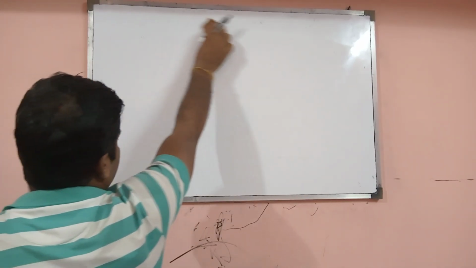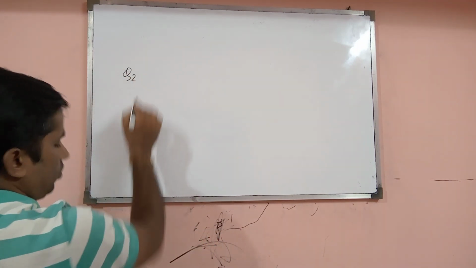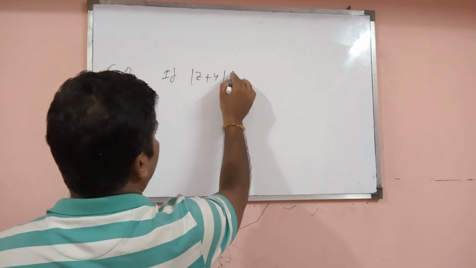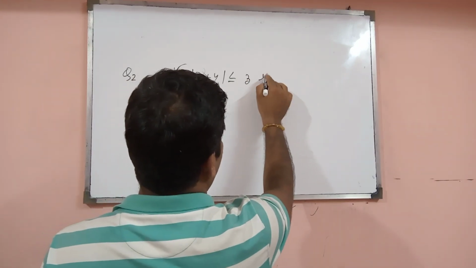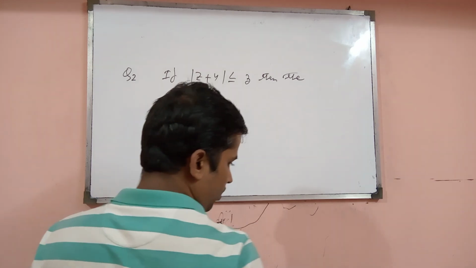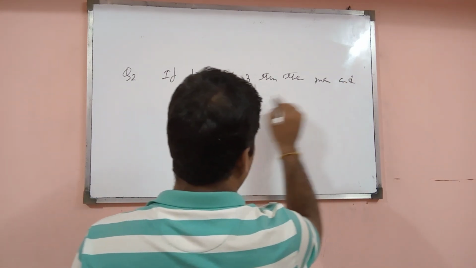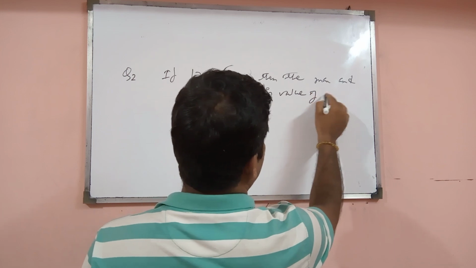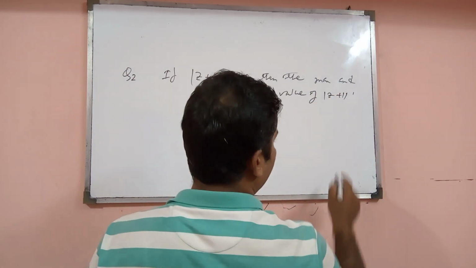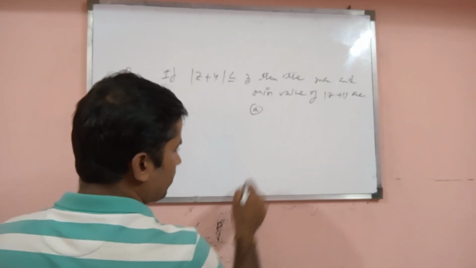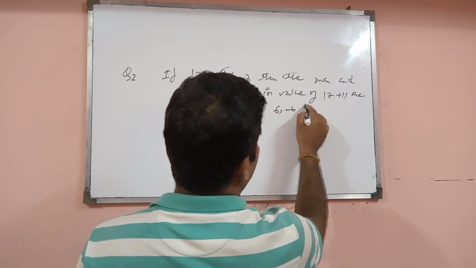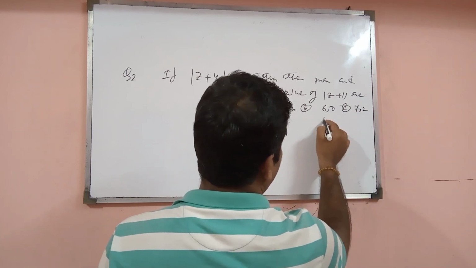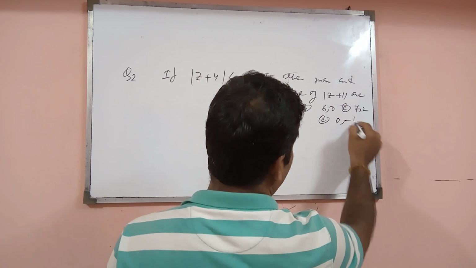If mod z plus 4 is less than or equal to 3, then the maximum and minimum value of mod z plus 1 are: option A 6, minus 6, B 6, 0, option C 7, 2, and option D 0, minus 1.